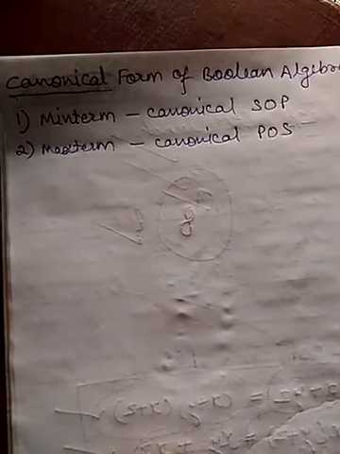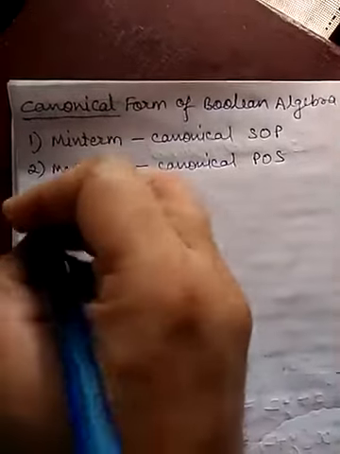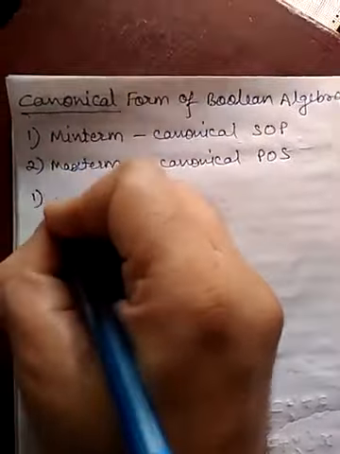A function is said to be in its canonical form if it is in its standard form and all the terms contain all the variables of the Boolean function. For example, I am just continuing the minterm.